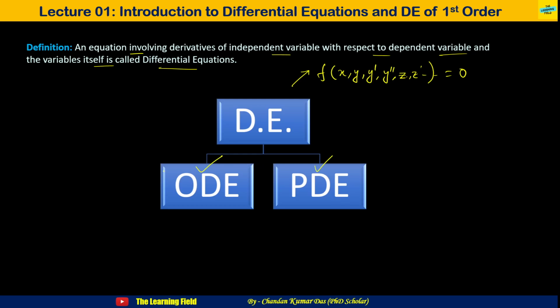Now we all know that differential equations are of two types mainly: ordinary differential equations and partial differential equations. The very basic definition is that they differ based on the number of independent variables, right? Now, what is an independent variable?